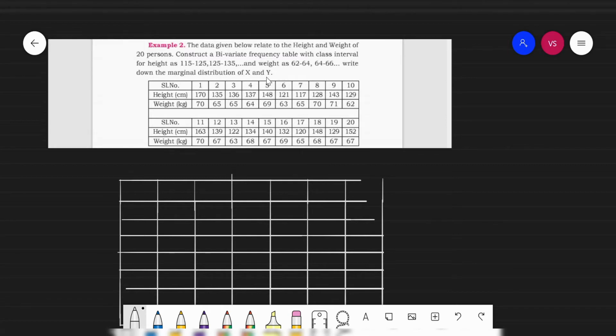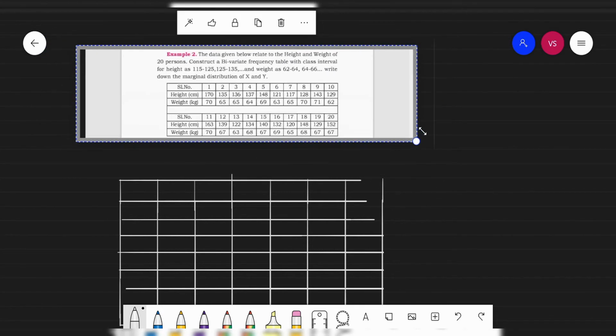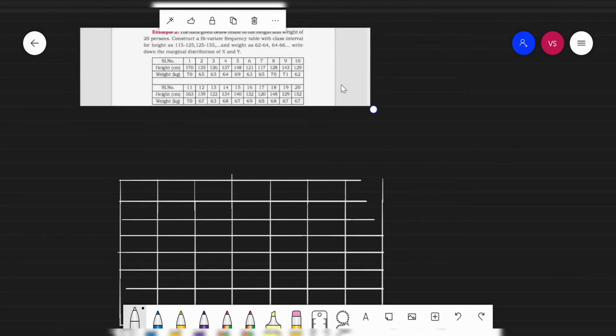Okay, so now this is the data that we have here, students. So you have understood the data, right? Now what we need to do is, this is all about 20 people, and their heights and weights are given to us. The first person's height is 170 centimeters, weight is 70. Second person's height is 135, weight is 65.